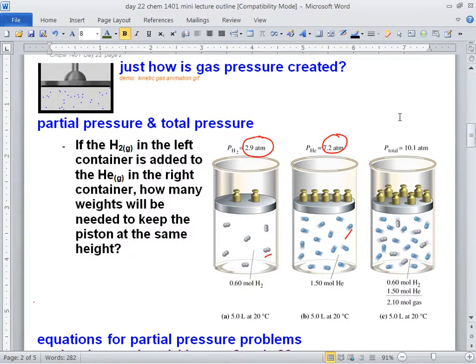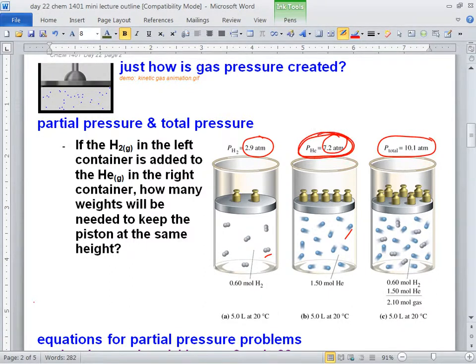The sum of the pressures. So what they're trying to say is this idea of partial pressures, that even though the total pressure is 10.1 atmospheres, the pressure due to the helium molecules is 7.2, and the pressure due to the hydrogen is 2.9. So there is no such thing as a gauge that's going to say pressure due to helium equals this.